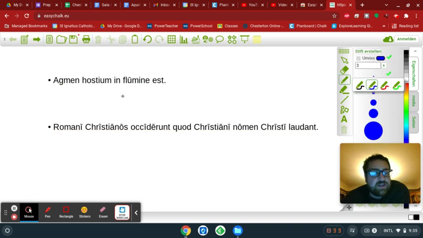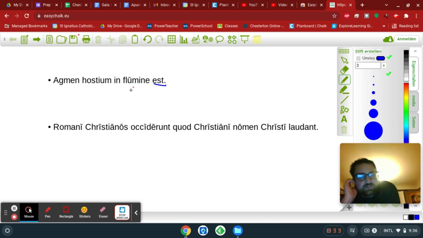All right, and then last two, agmen hostium in flumine est. And so here's our verb, est. We're looking for a singular subject. Agmen is a column. No, singular. It could be nominative singular or accusative singular.